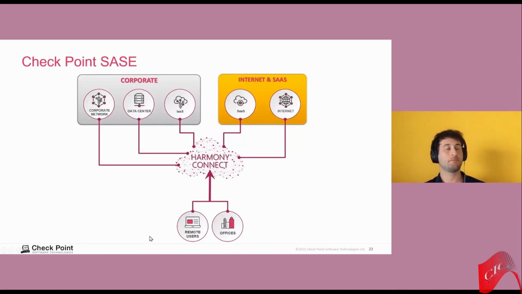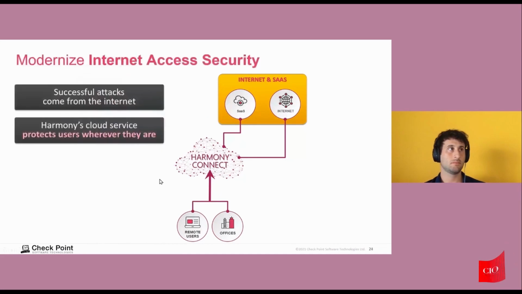What I'd like to focus on now is another key use case, which is what do you do for protecting your users when they're going into the internet and connecting to SaaS or connecting to websites? How do you control all of that? Essentially, what we see in the real world is that most attacks that hit organizations, that hit businesses, come somehow when people are working across the internet.